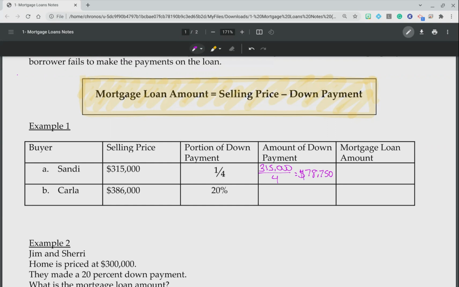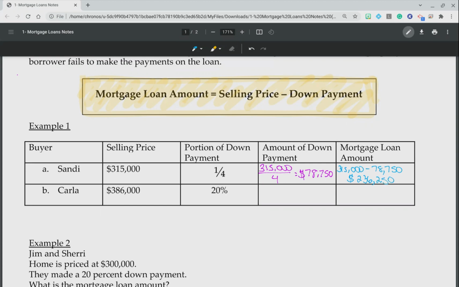Okay, so in order to find her mortgage loan amount, we take the selling price, subtract the down payment. So Sandy has to take out a loan for $236,250.